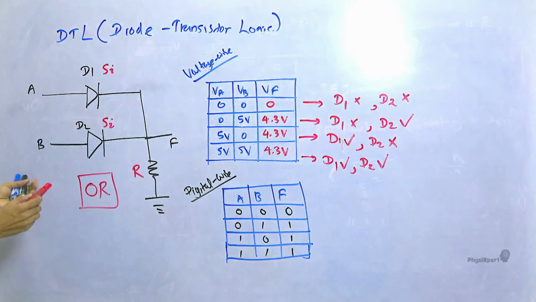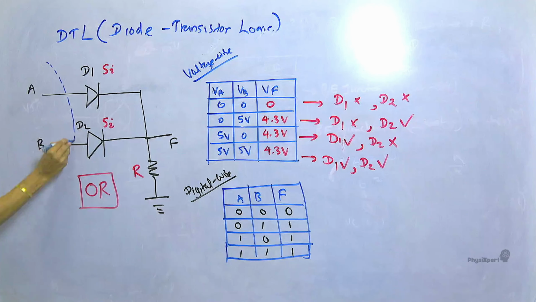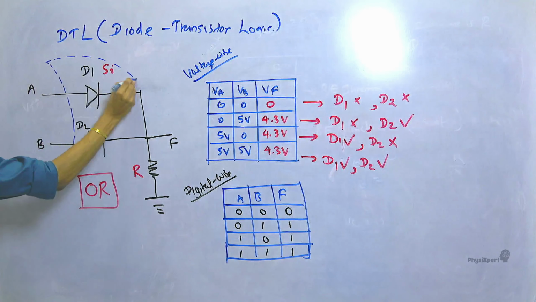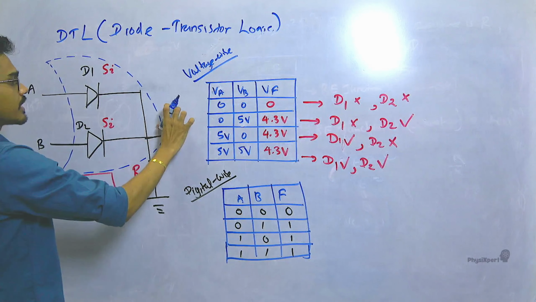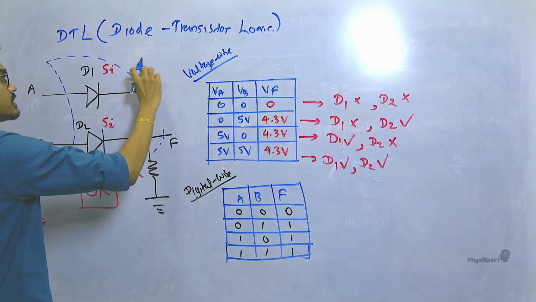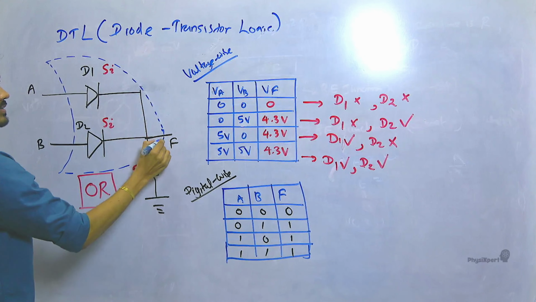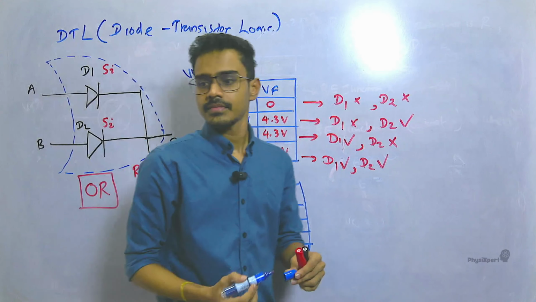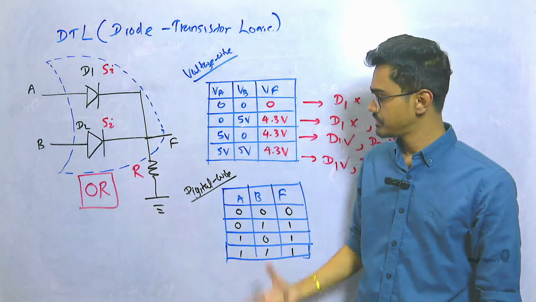When we draw the OR gate, this is how we draw it: inputs are at this side, and the output is here. See, this is the OR gate. So this is what we draw as the OR gate. This is simply the inside of the OR gate using analog.